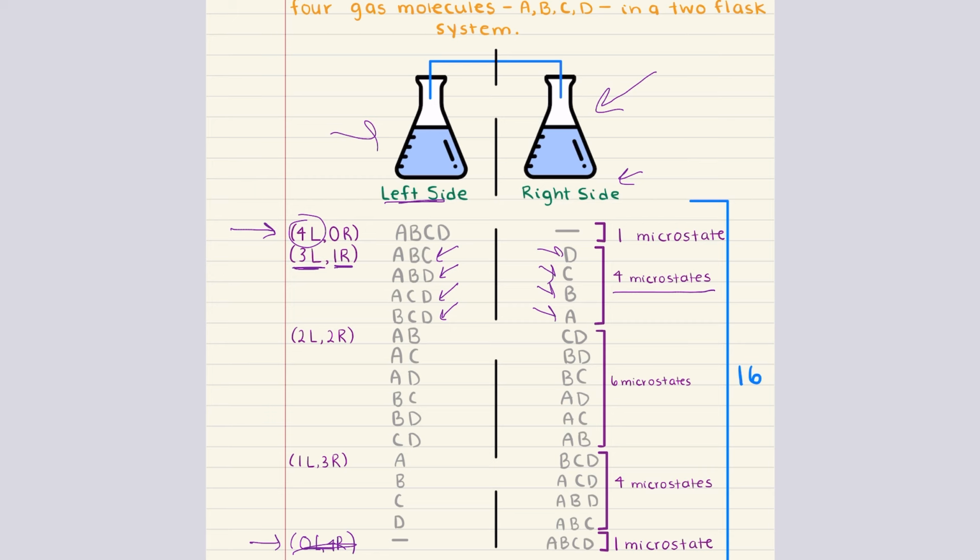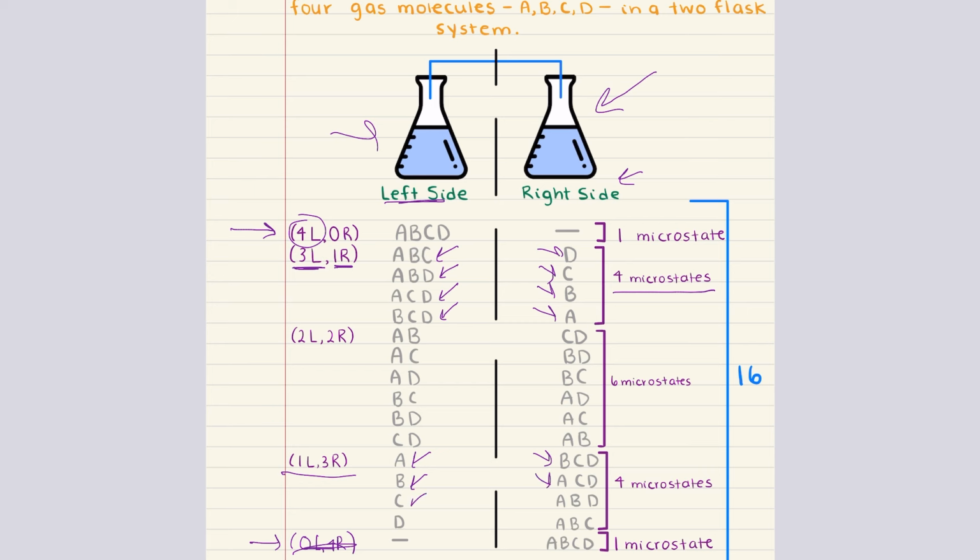So 4 microstates for the combination of 3 gas molecules on the left, 1 on the right, but we can alternatively do 1 on the left, 3 on the right, and that also gives us 4 microstates. We can have A on the left and BCD on the right. We can have B on the left and ACD on the right.